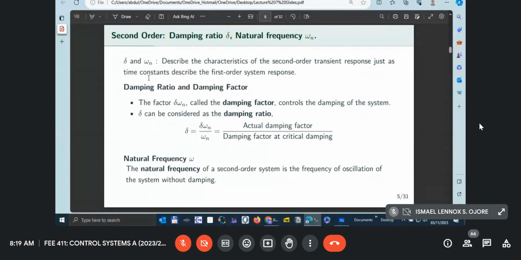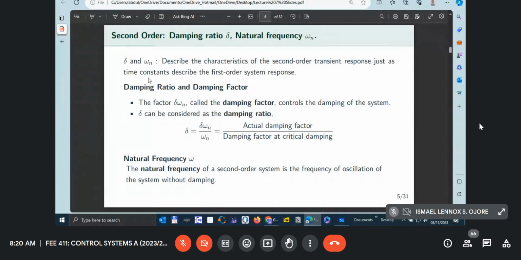Delta omega n, that factor is what we call the damping factor, and it controls the damping of the system, those oscillations until they fade out or die out. And damping ratio is the actual damping factor over the damping factor at critical damping.